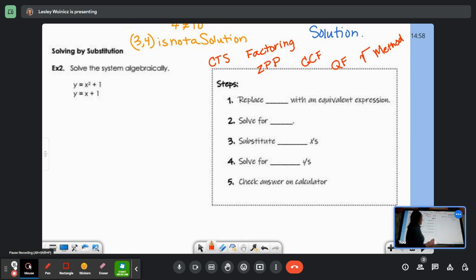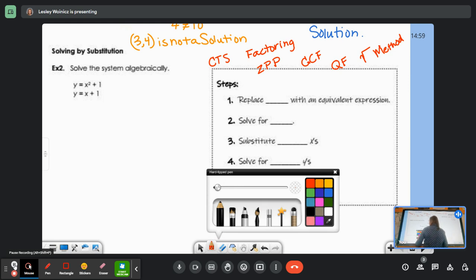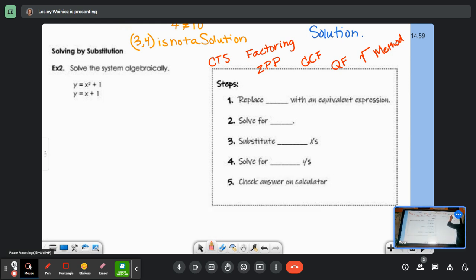Okay, here we go. We are going to start first using substitution. We'll try elimination on the back if we feel up to it. Otherwise, we can just keep doing substitution. Do you see that both of my equations are solved for y?